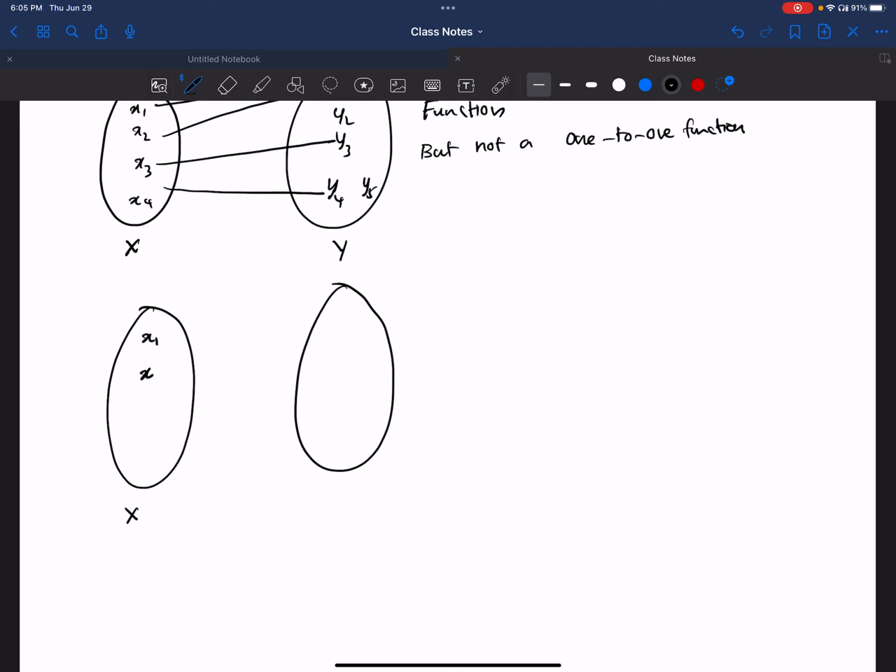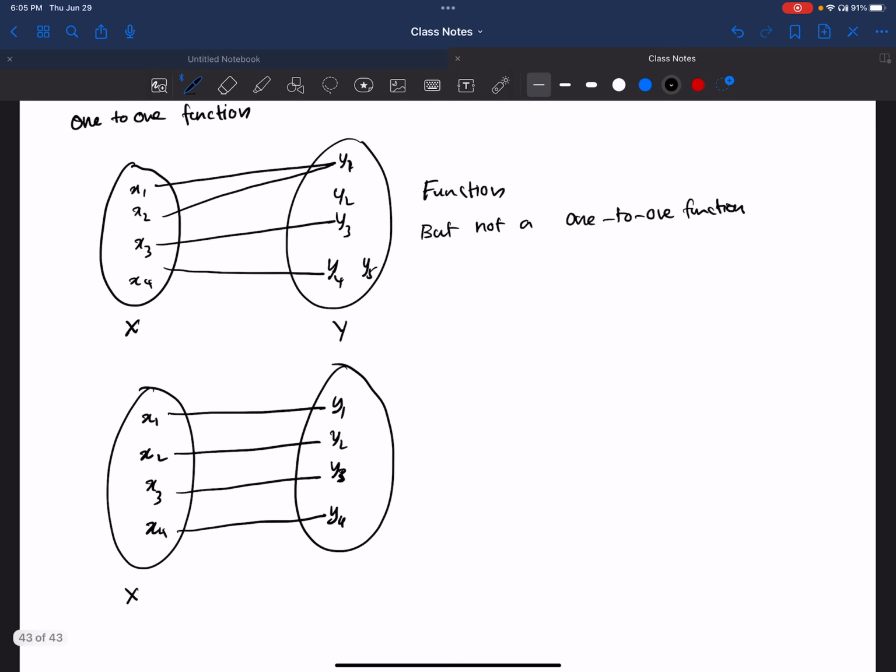So let's figure that out graphically. You have y1, y2, y3, and y4. This is how the map looks. x1 maps to y1, x2 maps to y2, and like in the previous instance, you have x2 mapping to y1 as well.